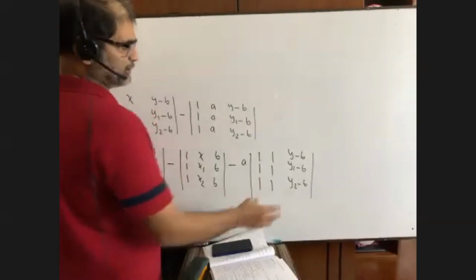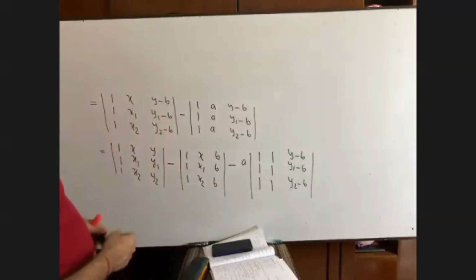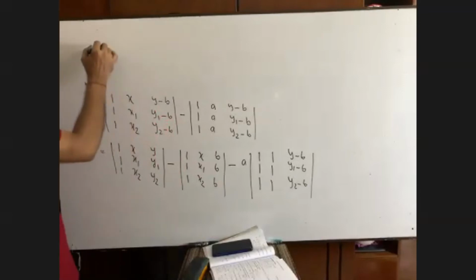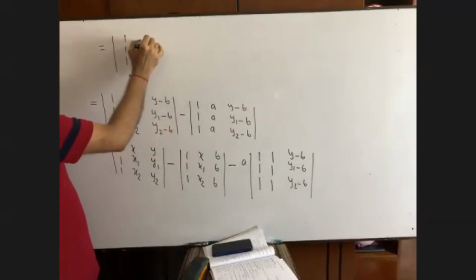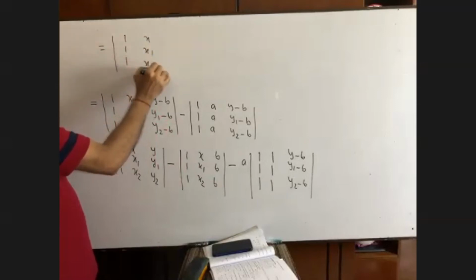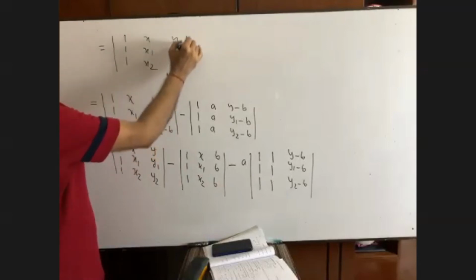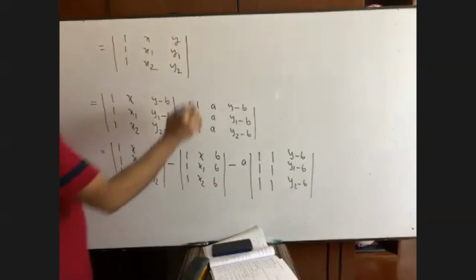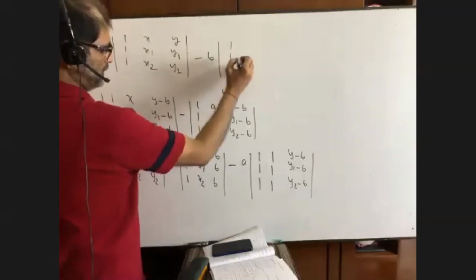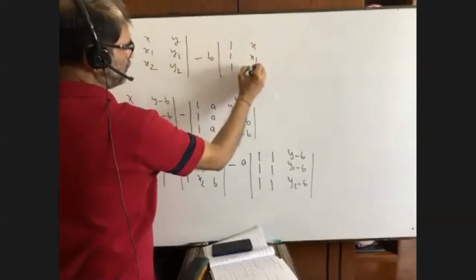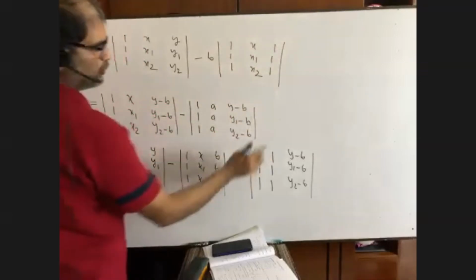I am not going to take any initiative on this part because we have already got 0, having 2 columns equal, right? So actually we are getting here 1, 1, 1, x, x1, x2, y, y1, y2. Here b can be taken common, minus b, 1, 1, 1, x, x1, x2, 1, 1, 1, and it is wholly and fully 0.